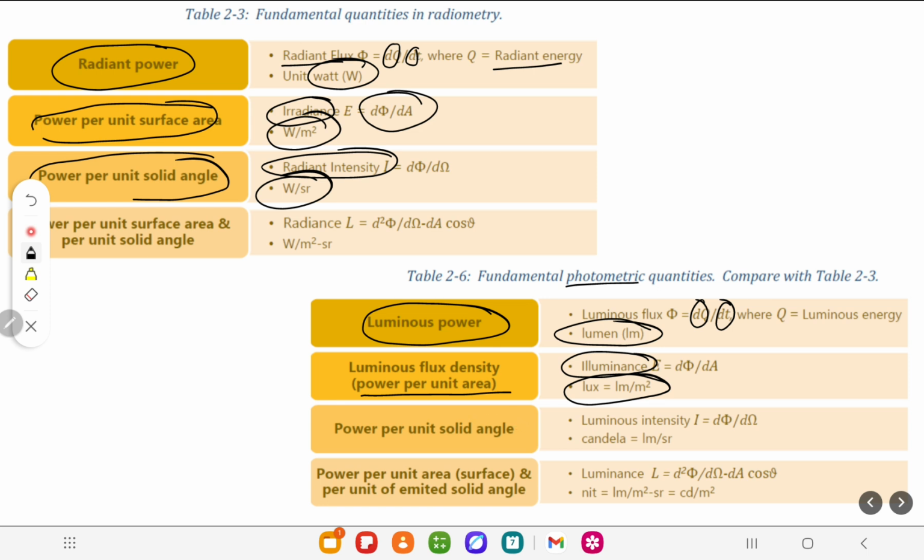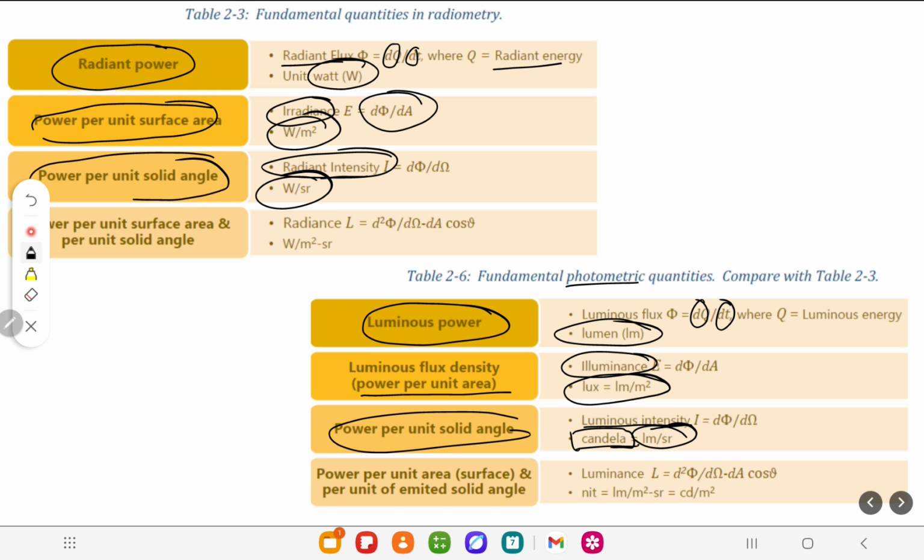In photometry, power per unit solid angle is luminous intensity. Here is radiant intensity, here it's luminous intensity, and its unit is lumen per steradian, which is also called candela, a very standard SI unit.